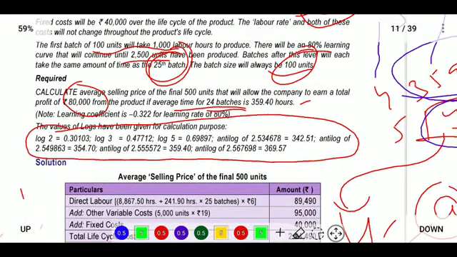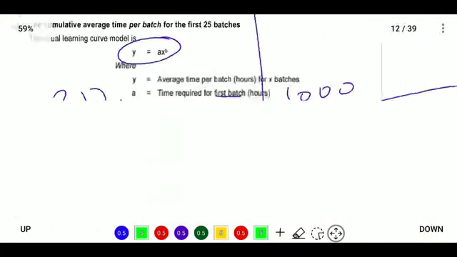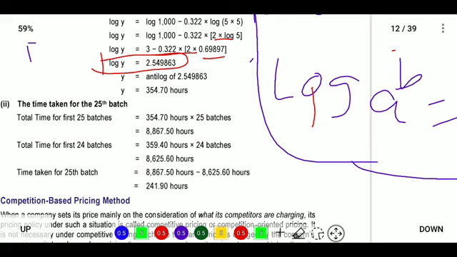Anti-log means that it will come to this side, and it becomes anti-log, with the minus sign. The anti-log value they provided is 354.7 hours. So for the first 25 batches, it will be 354.7 hours into 25 batches, so it becomes 8867.